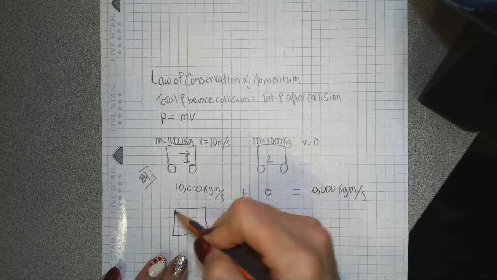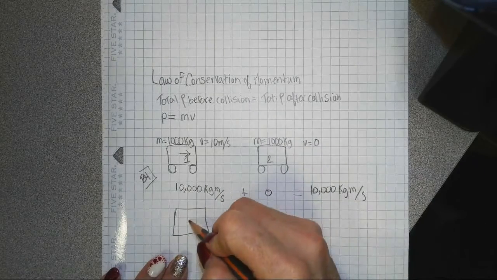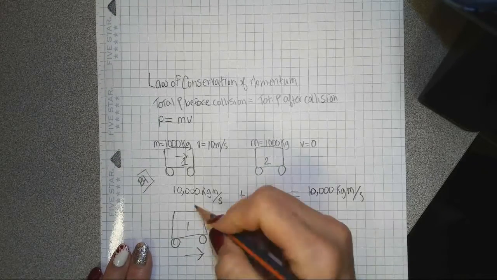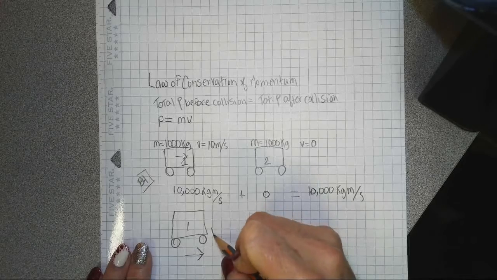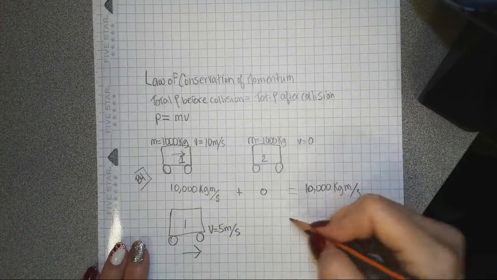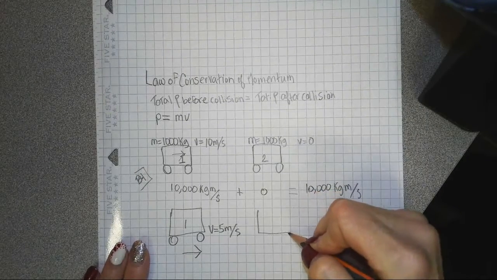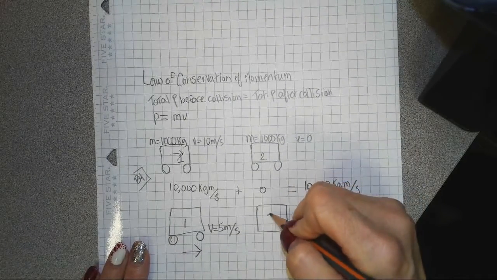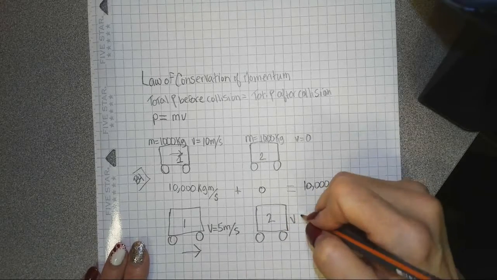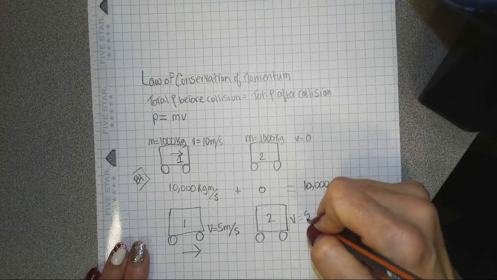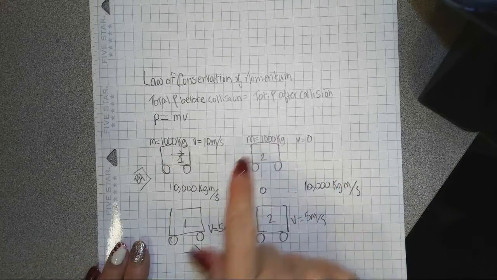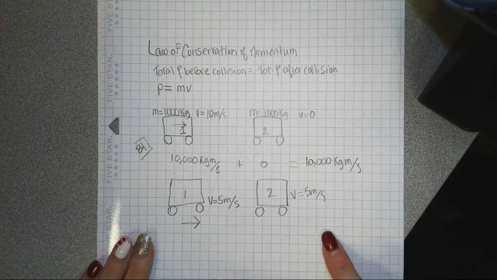After the collision, when car 1 strikes car 2, now both cars are traveling at 5 meters per second. Car 1 is still moving to the right with a velocity of 5 meters per second. Car 2 is now also moving to the right with a velocity of 5 meters per second. Think of bumper cars here, people. Neither mass changes. There's still 1,000 kilograms.